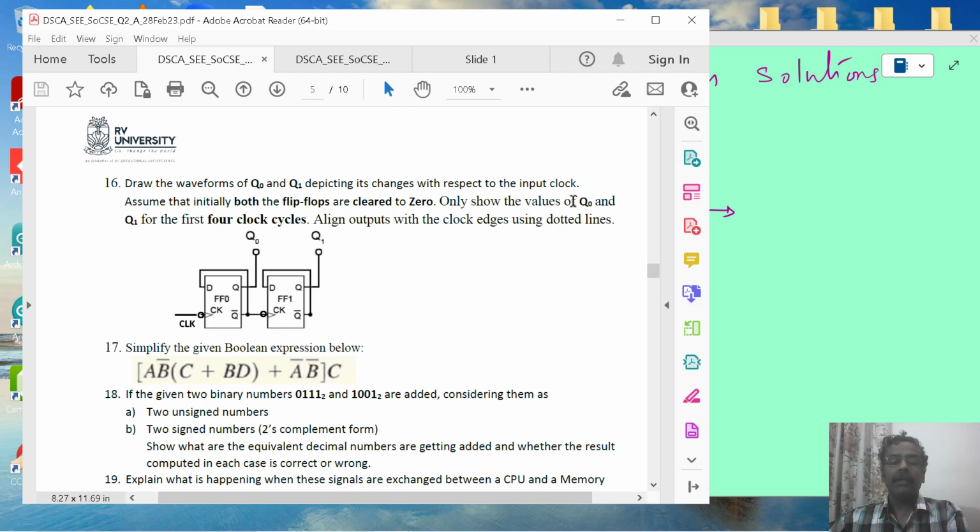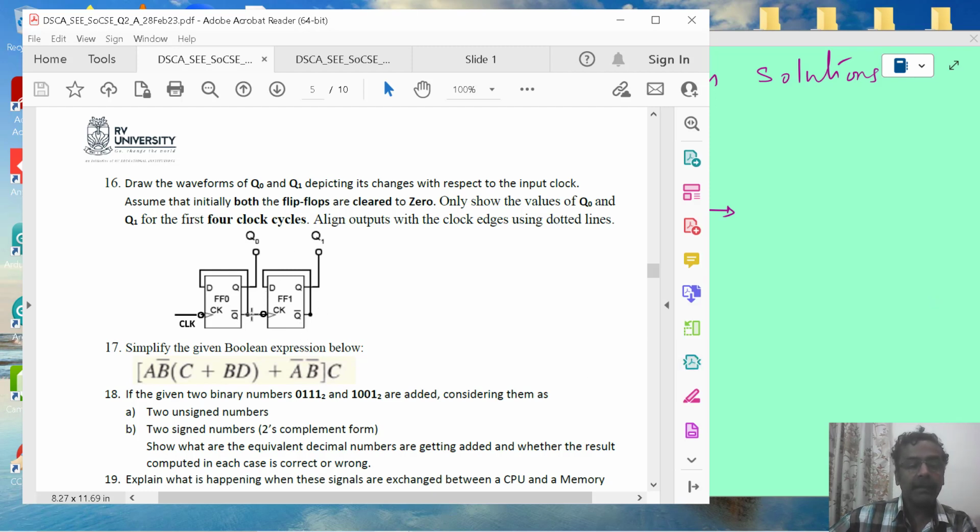Now you need to show only Q0 and Q1 for 4 clock cycles, so we can draw it for 4 clock cycles and align the outputs with the clock edges. We need to make sure that the transitions are aligned with the clock edges, because all the changes happen only during the clock edge.